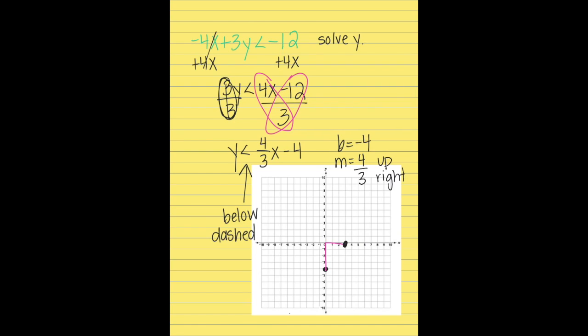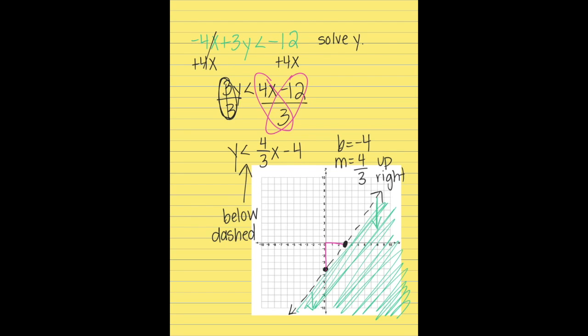So you told me dashed and shading below. So I'm going to draw my arrows here. I'm going to show my arrows are pointing downward, and this is my shaded region. Okay? Does this help clarify a little bit?